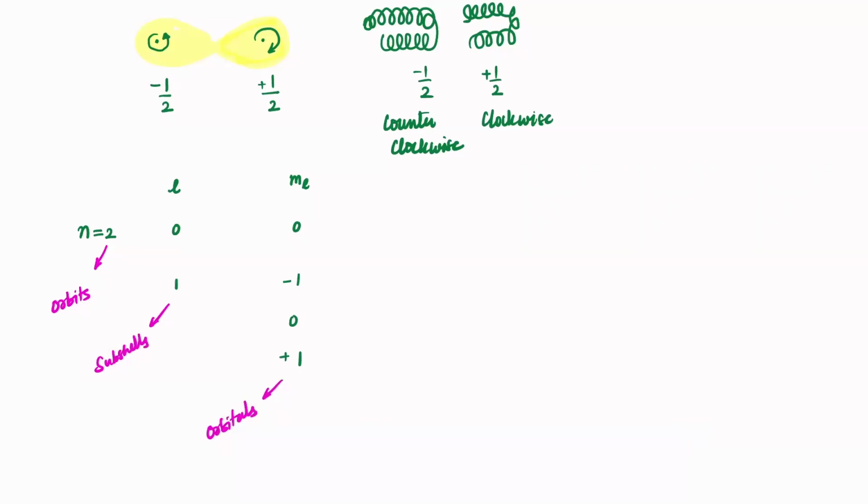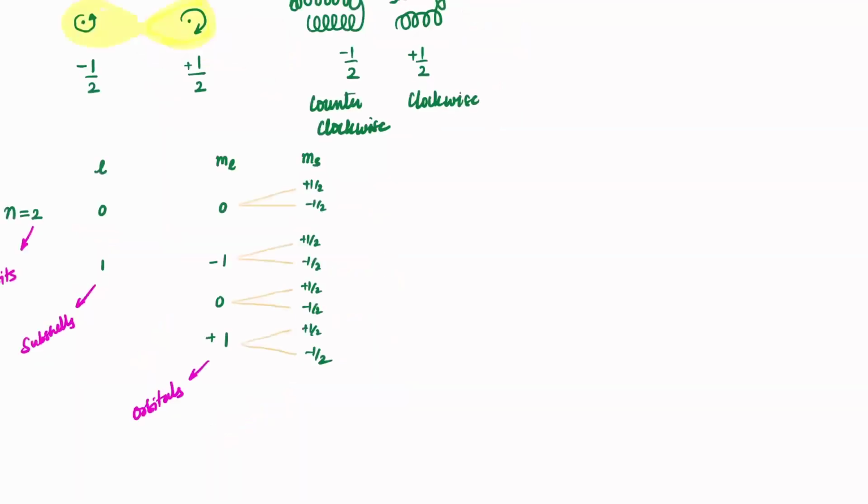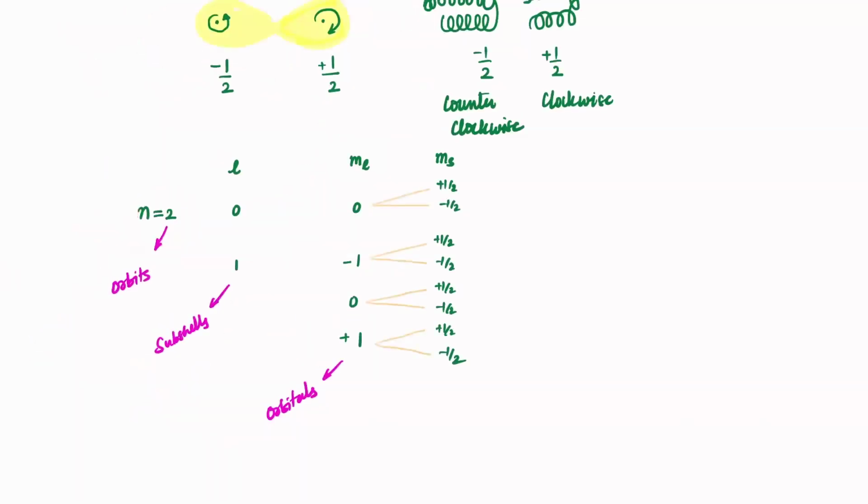And then comes spin, which means every orbital has the ability to accommodate two electrons, and each electron can have a particular spin, that is plus half and minus half, for each orbital. So when n is equal to 2, that is in the second shell, what is the maximum number of electrons we can accommodate?